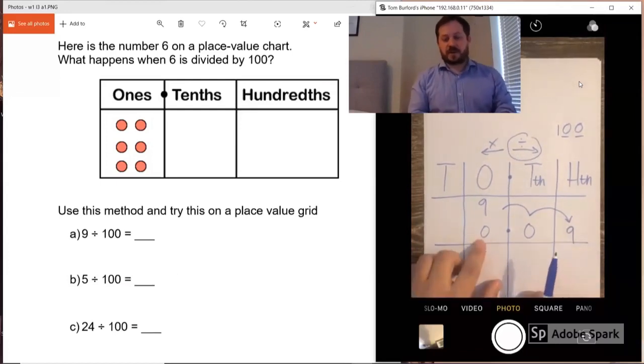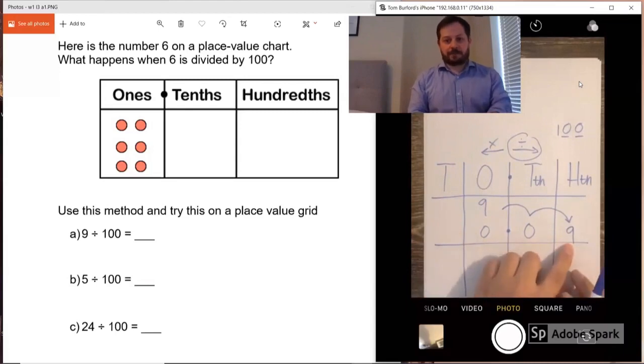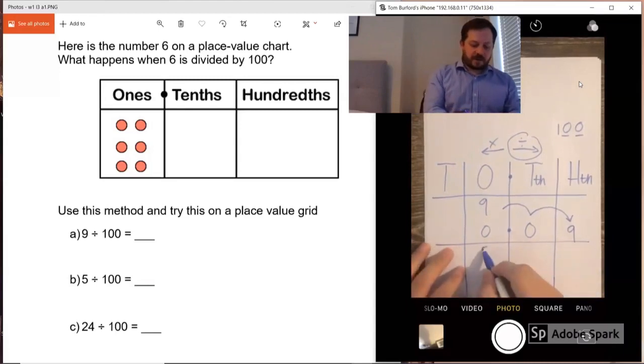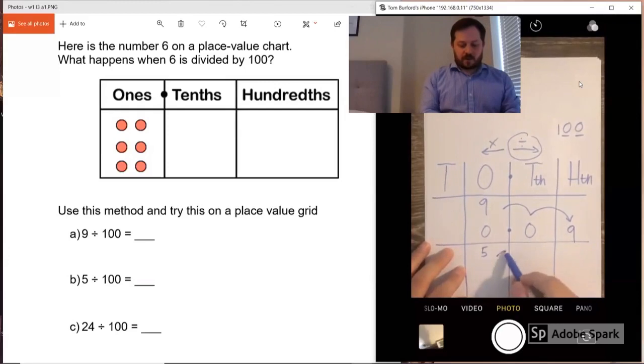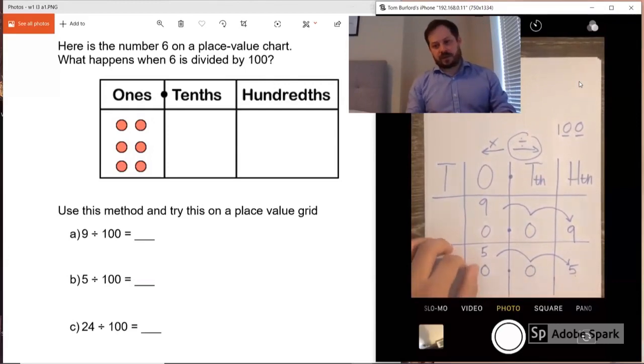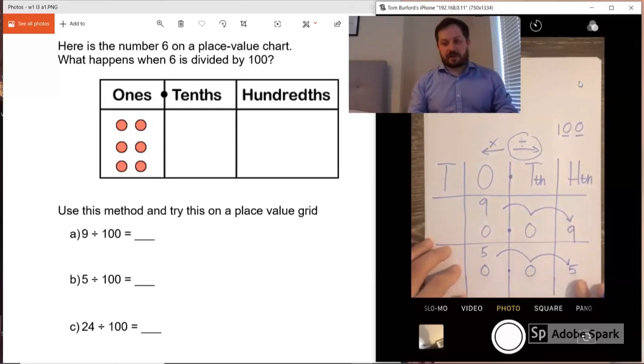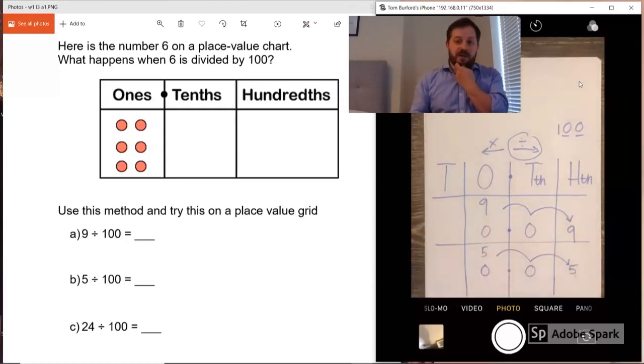So far, so good, 0.09. Try again for 5, exactly the same. 1 jump, 2 jumps, 5 goes here, 0 placeholder there, decimal point, and 0 placeholder there. I'll answer 0.05.